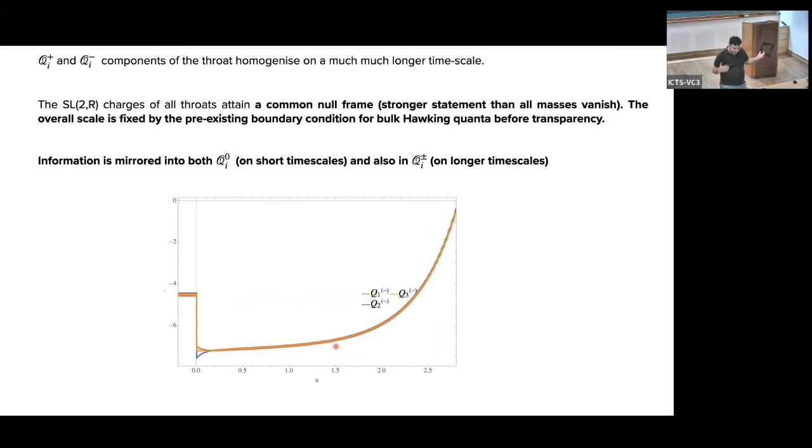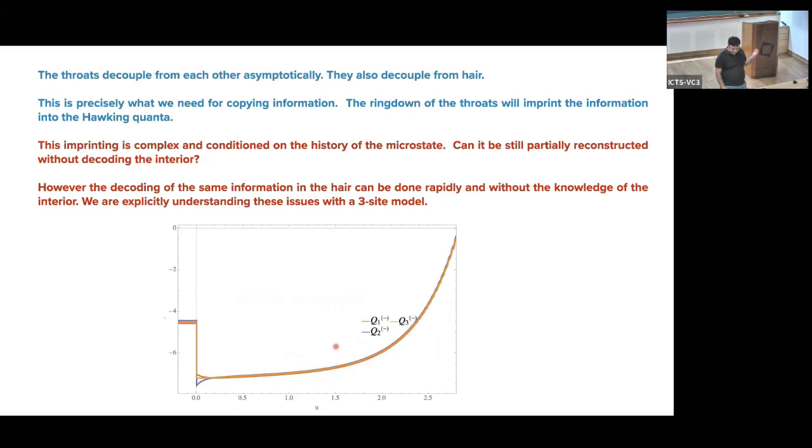But precisely this is what you need for information copying, in the sense that we said. So what we expect is that when we are able to quantize the hair and study this model, the black hole ring down will be able to copy the information of whatever we are throwing in, as the hair decouples from the throat.